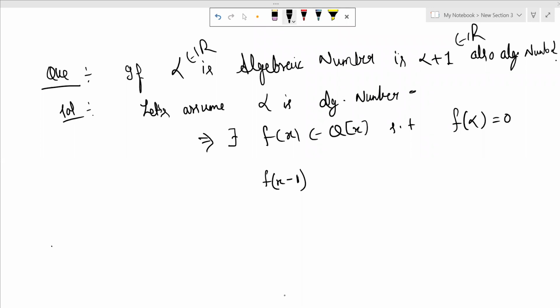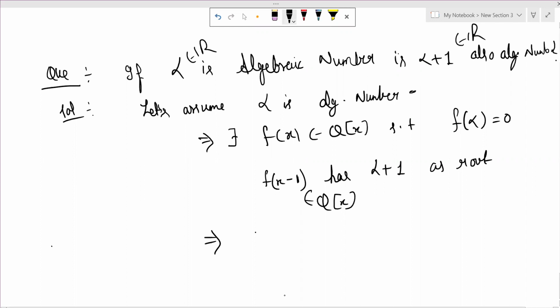So this implies f(x minus 1) has alpha plus 1 as a root, and f(x minus 1) belongs to Q[x]. This implies alpha plus 1 is algebraic.